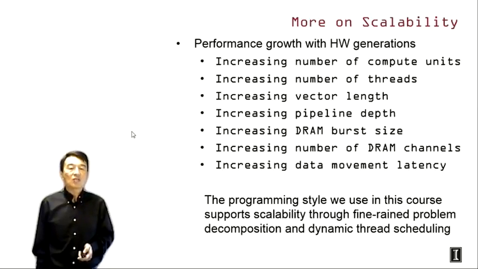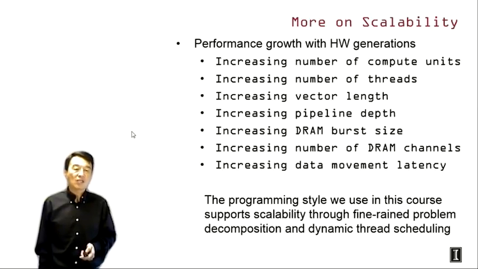This allows your application to run well on one generation of hardware and continue to run well on a future generation. And also, if your application runs well on one of the cores, you can expect it to also run well on more of the same cores.